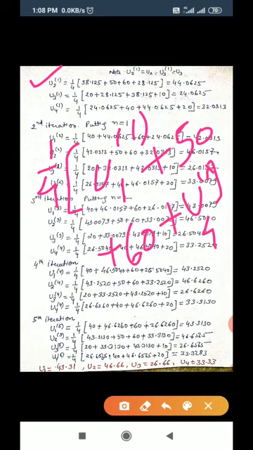After calculating, u2^(1) is equal to 44.0625. u3^(1) is equal to 24.0625 and u4^(1) is equal to 32.0313.